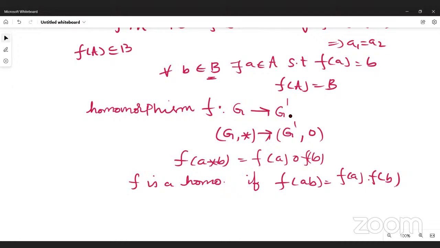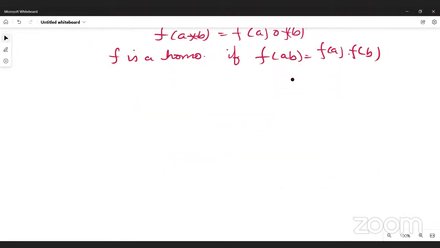That means we say that the mapping f is an isomorphism if f is one-one, f is onto, and f is a homomorphism. Epimorphism is an onto homomorphism. An isomorphism from G to G is called an automorphism.